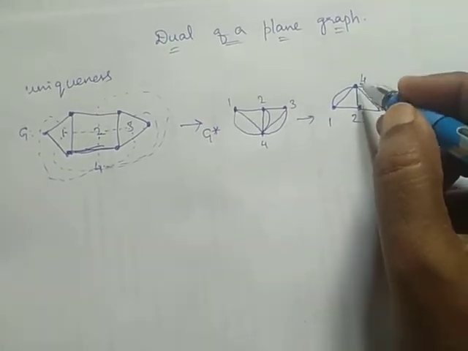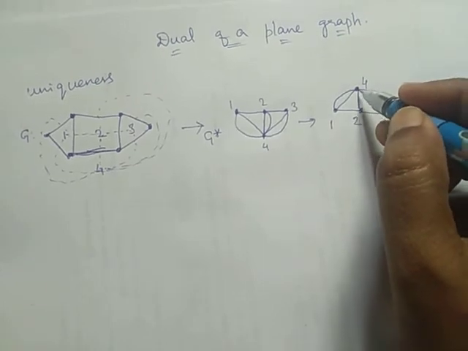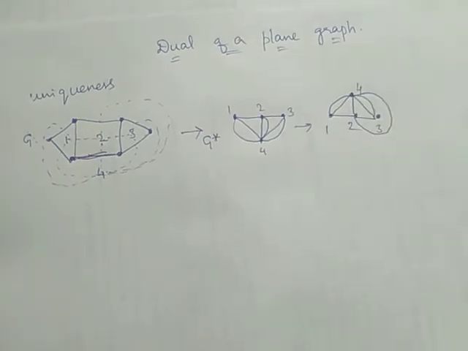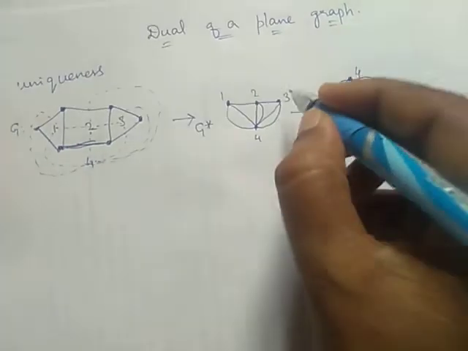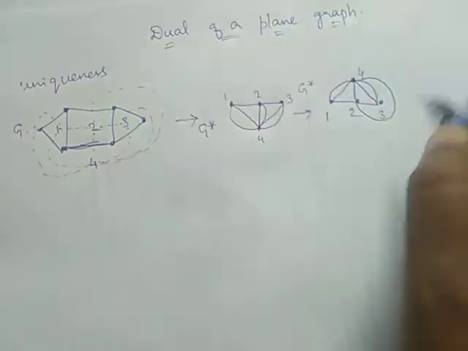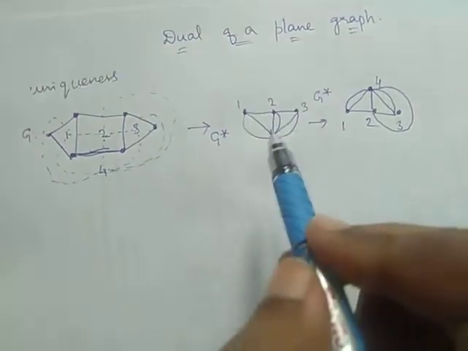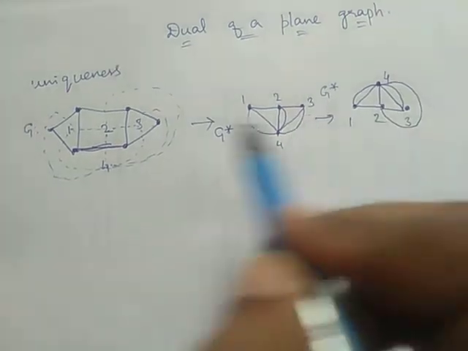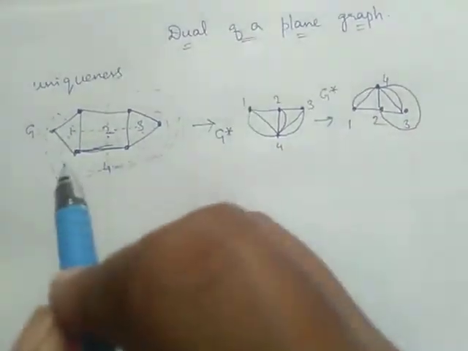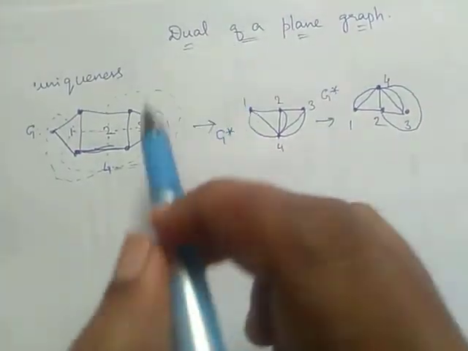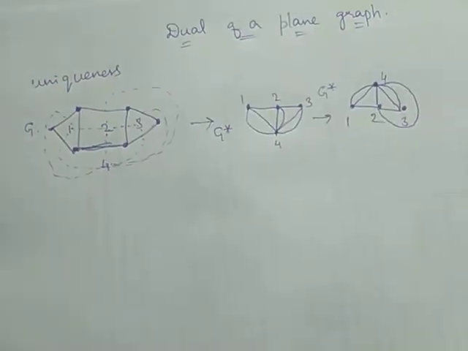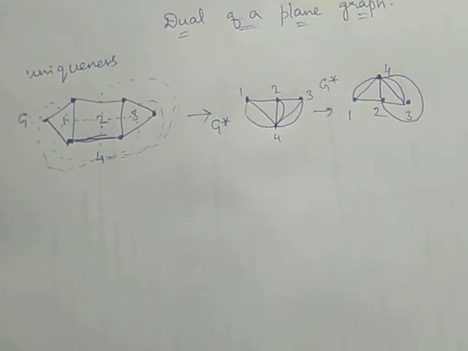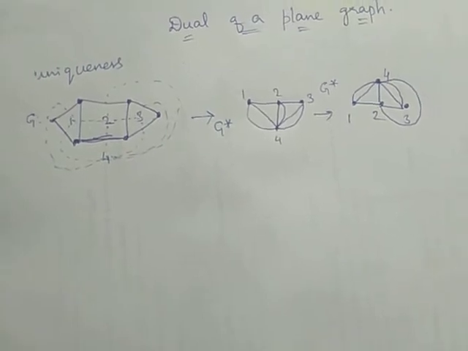Again 2 and 4 have 2 edges. I can draw the edge here also, I can draw like this also. This is also a dual of our G. So in so many ways we can draw the dual of a graph. Whether the dual of a graph has infinite number of graphs or not, that is the one question.